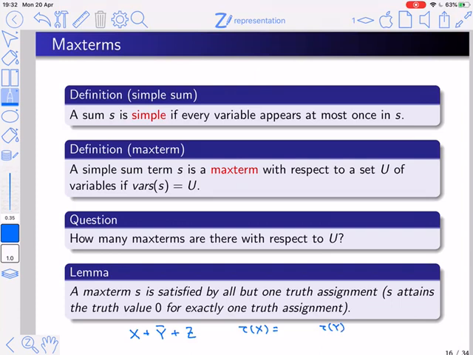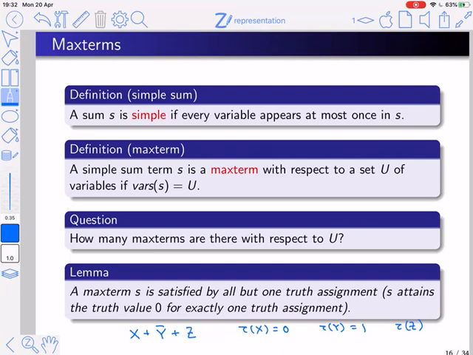What should the truth assignment be so that it does not satisfy this sum? Okay, so if it doesn't satisfy this sum, it means that x has a truth value of 0. Y must have a truth value of 1, so that the negation of y has a truth value of 0.